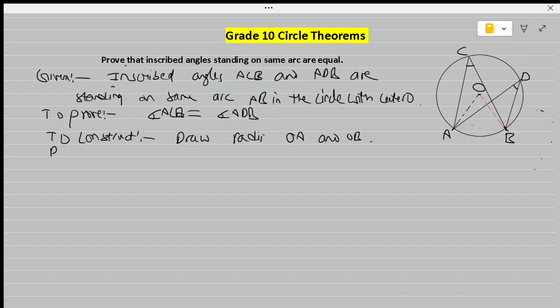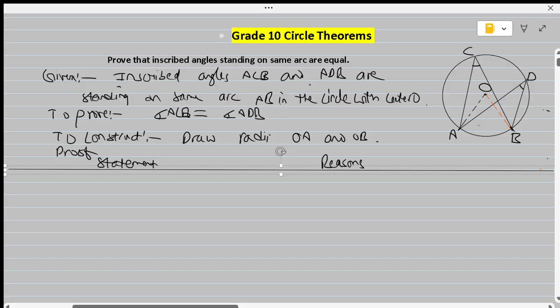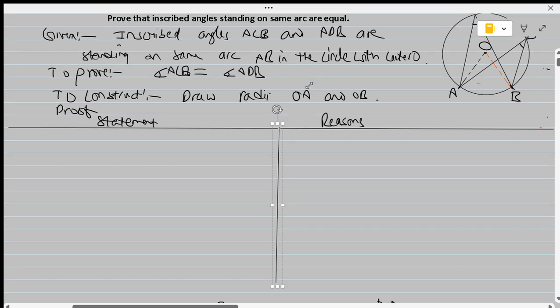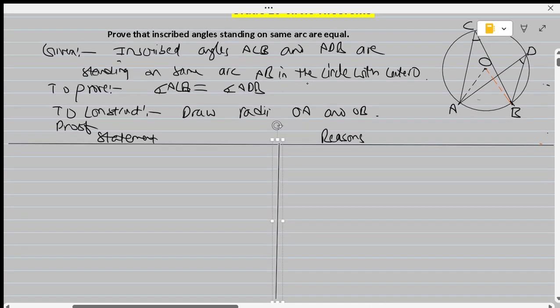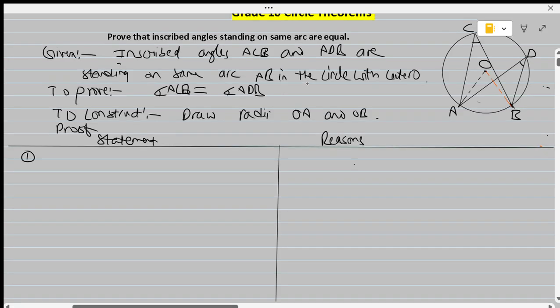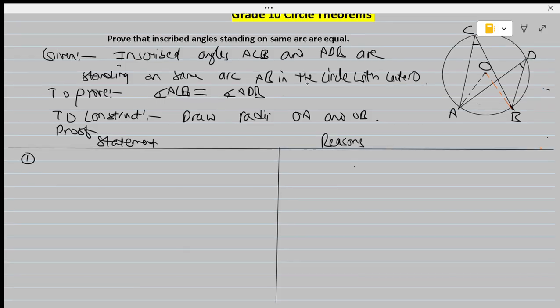And now in the proof we go with statements and reasons. Let's make the box. Okay, so construction is done. Now statements and reasons. The first one: here AOB is a central angle which is standing on the arc AB, and on the same arc AB we see here inscribed angle ACB.